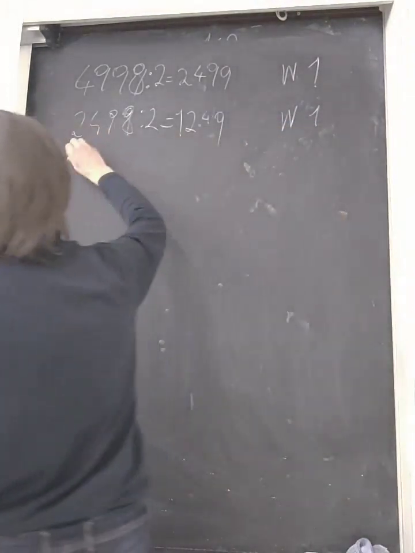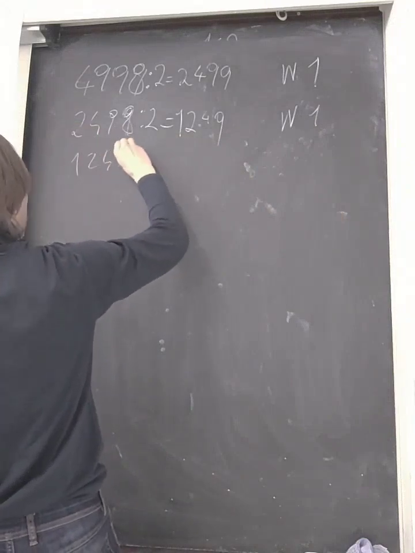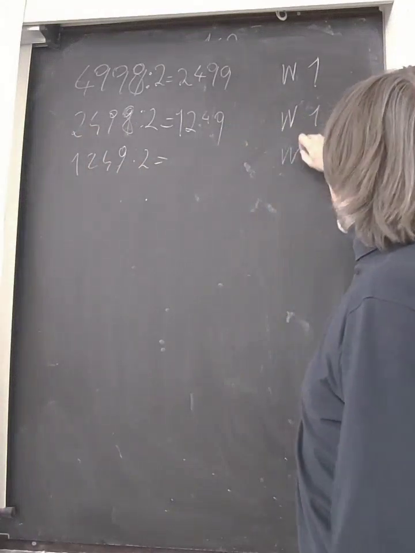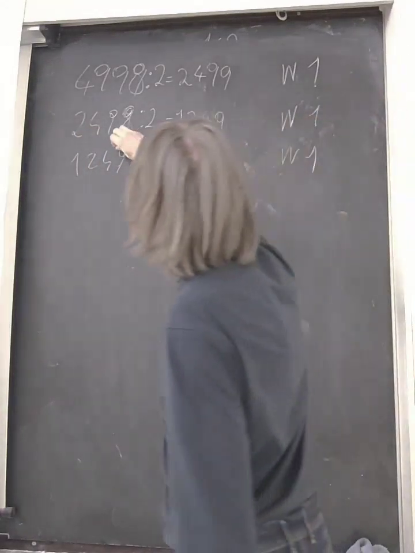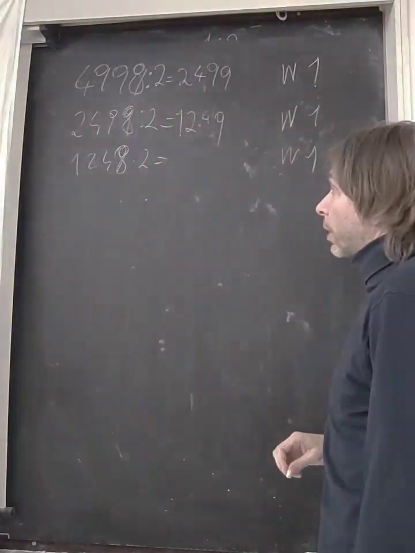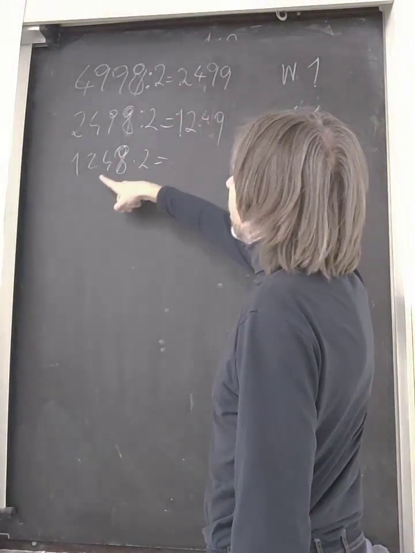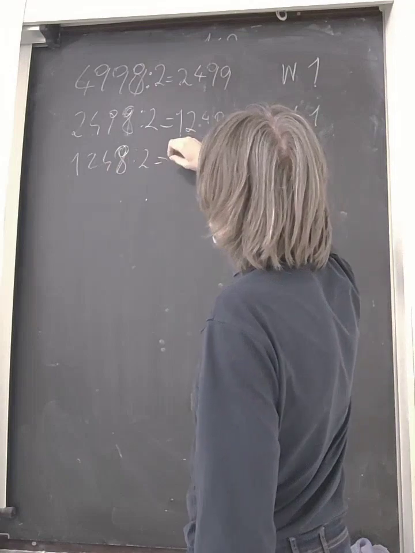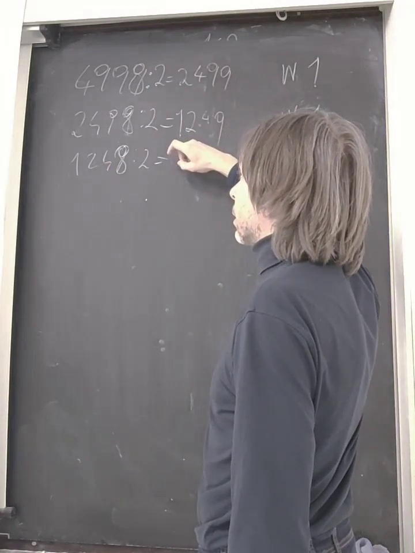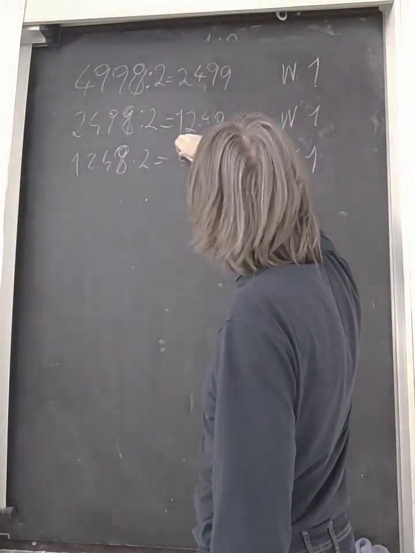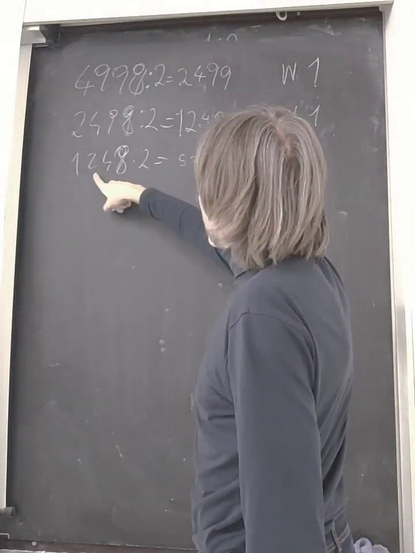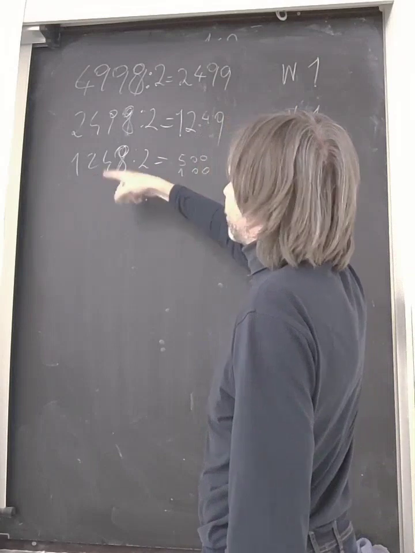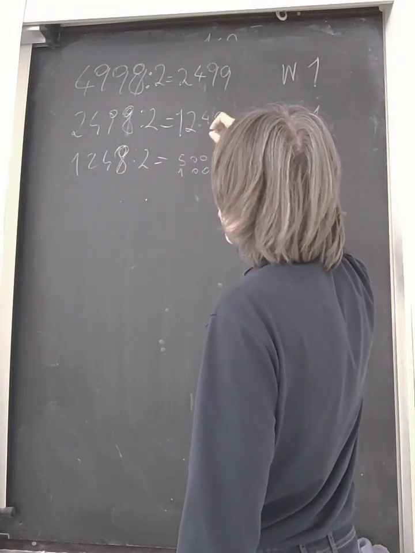Again, divided by 2. I put a waste of 1, I lower it, and it becomes 1,248. Okay. The half of 1,000 is 500. The half of 200 is 100. The half of 48 is 24.